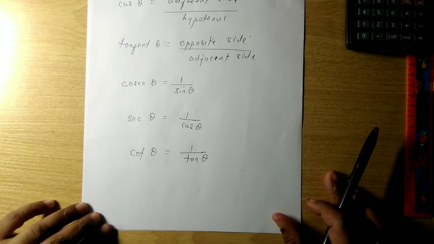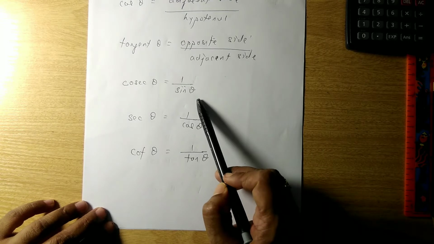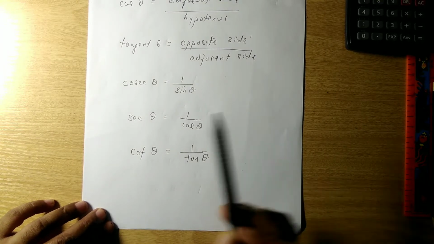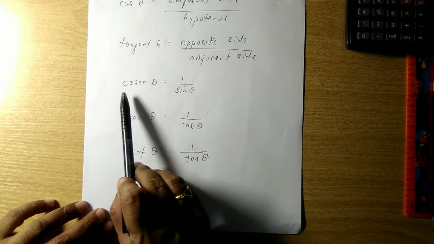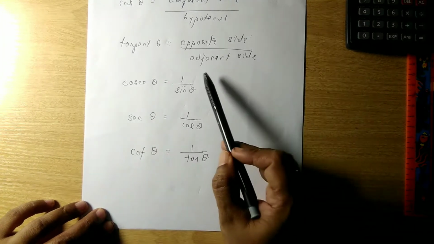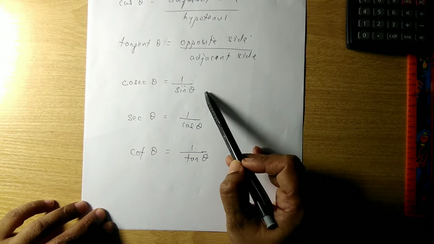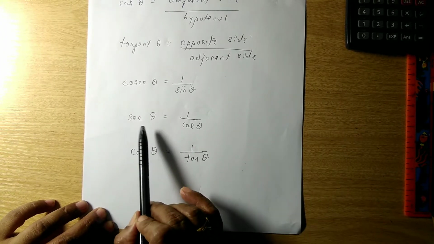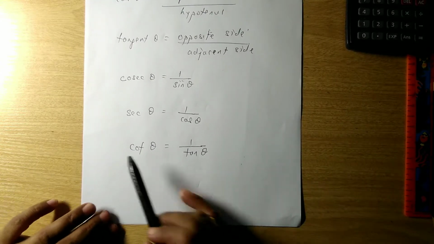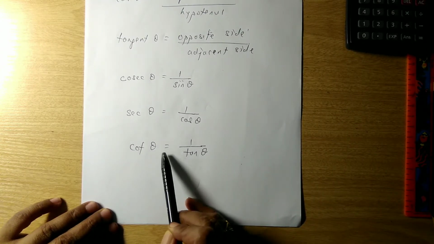Cosecant theta is 1 over sine theta. Secant theta is 1 over cos theta. And cotangent theta is 1 over tangent theta.